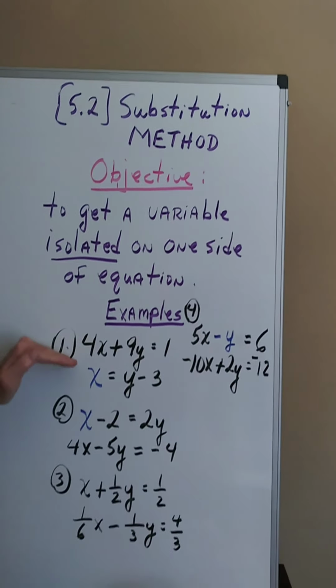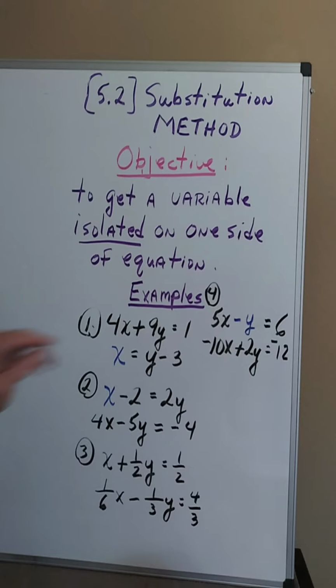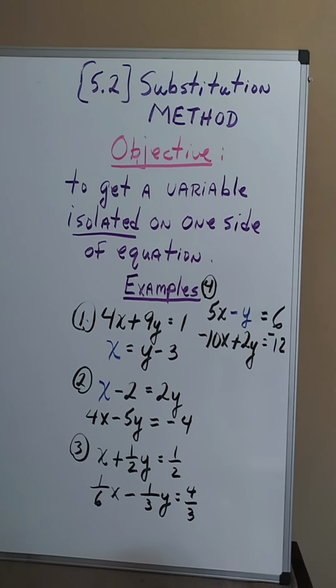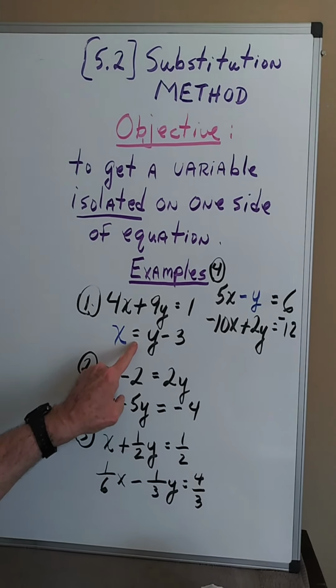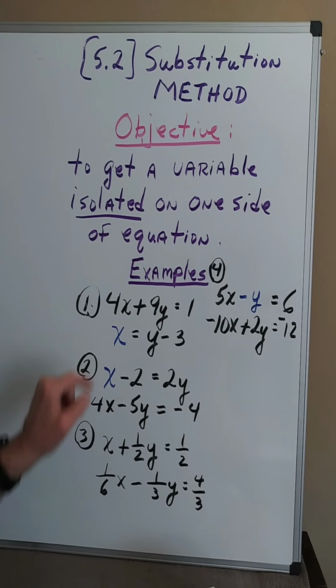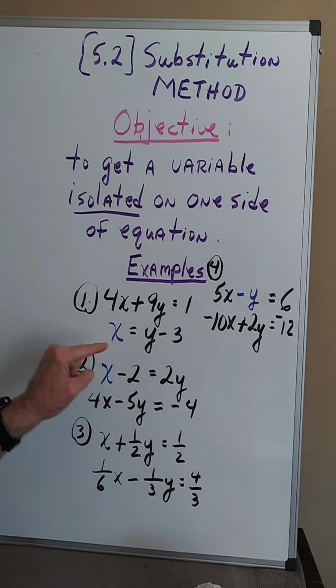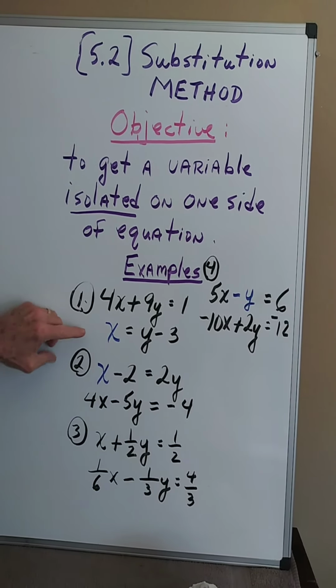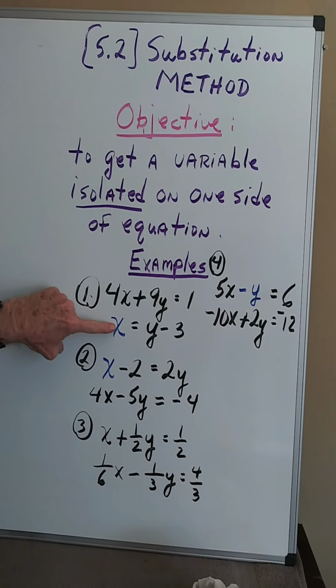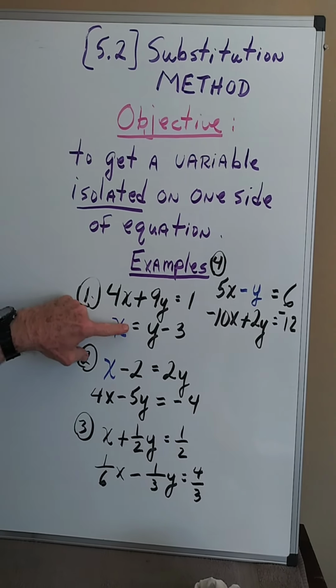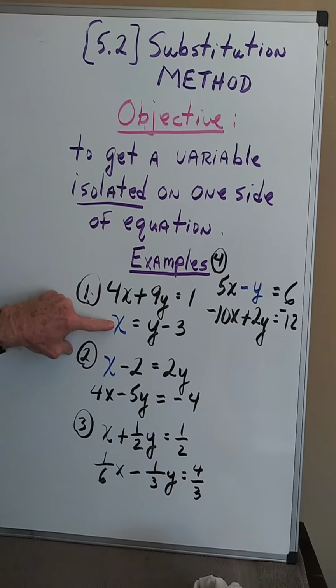If we look at system number one, it's going to be the first one that we do. Notice the second equation already is giving us an equation where the variable x is alone on one side.